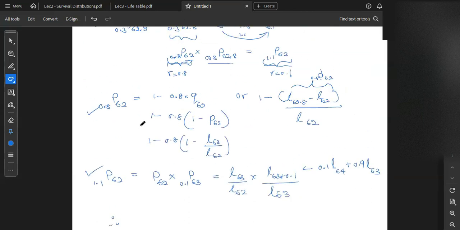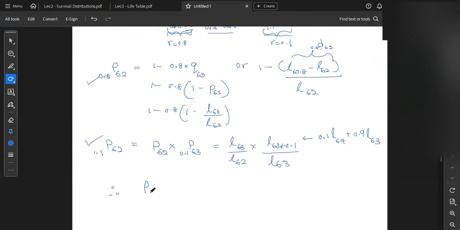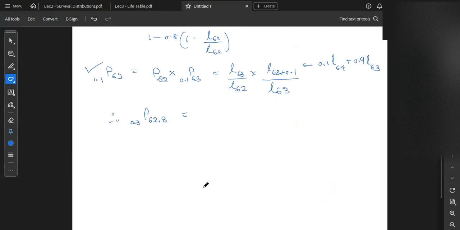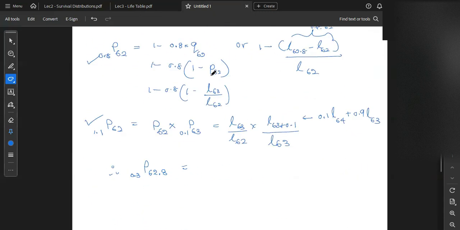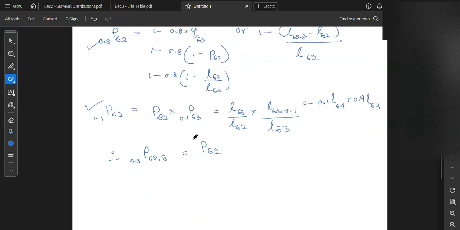Therefore, we can find 62.8 to 0.3 more years, which means 63.1. Using this ratio: from the complete age 62, surviving for the 1.1 case, divided by surviving from 62 to 0.8.